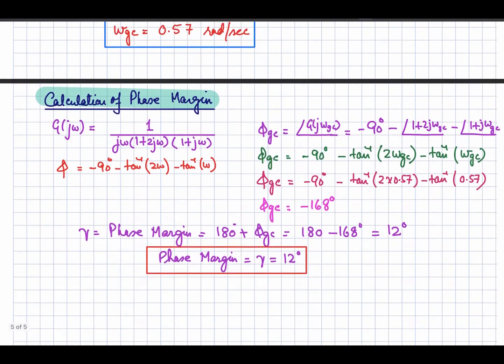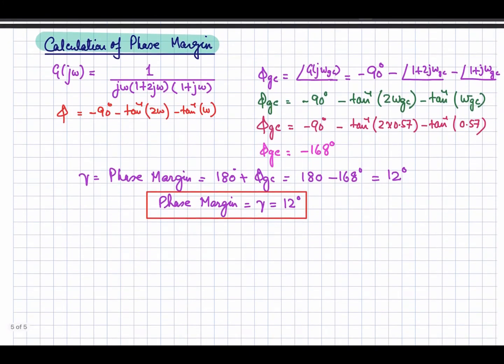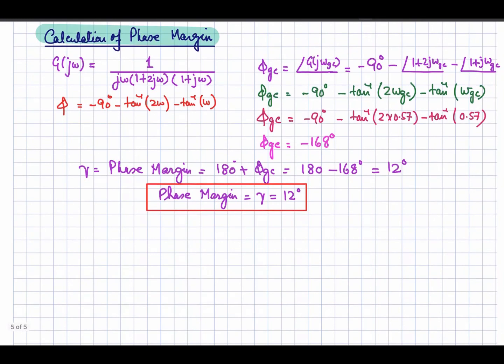Okay, now after calculating the gain crossover frequency, we can now calculate the phase margin. The phase equation for this transfer function can be written like this, that is minus 90, because this is j omega, the phase of this one, the phase of this part, and the phase of this part, right? So minus 90, and this will be tangent inverse of 2 omega gain crossover, and minus tangent inverse of omega gain crossover.